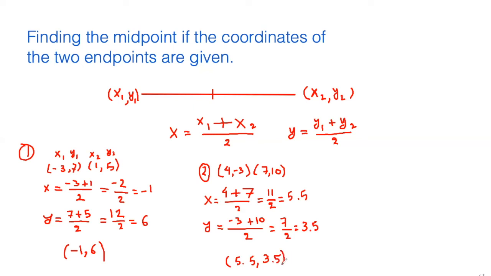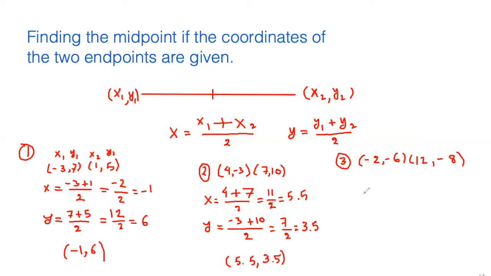Okay, so let's do another one. The points are -2, -6, and 12, -8.